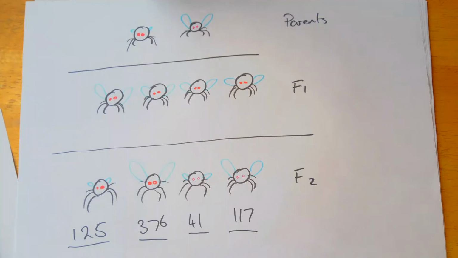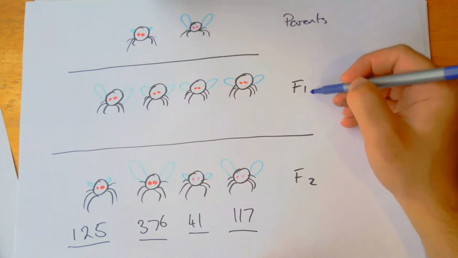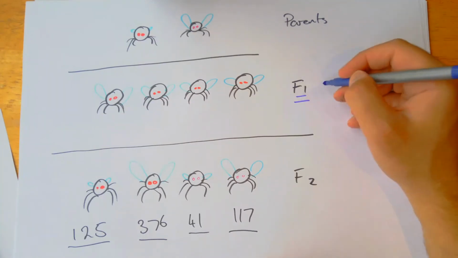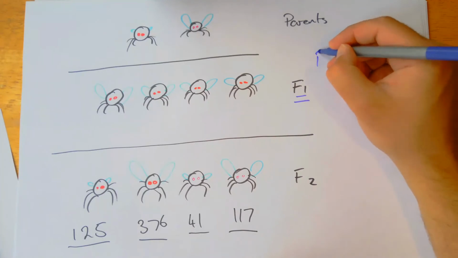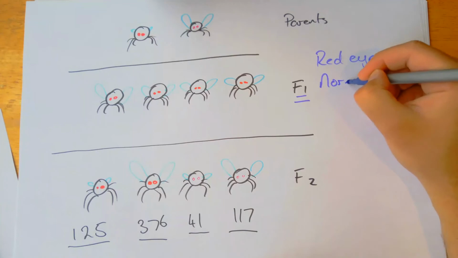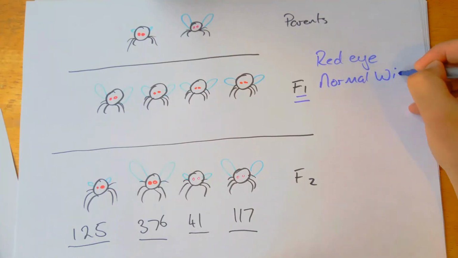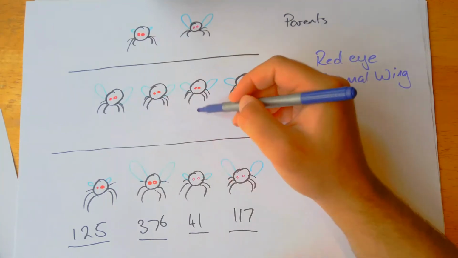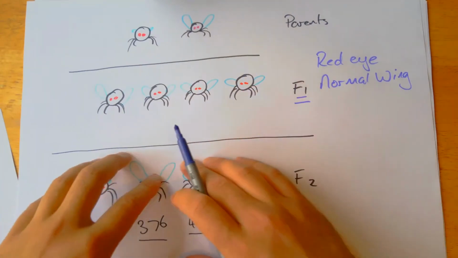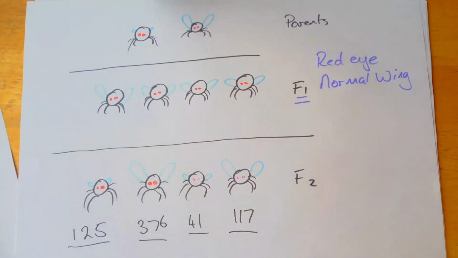And it's asking us which characteristics are dominant and which are recessive. Good rule of thumb, whatever is demonstrated in the F1 generation will be your dominant alleles. So here we can say that the dominant traits will be red eye and normal wing. It's only when we intercross these heterozygous flies that we get the range of different phenotypes and genotypes.